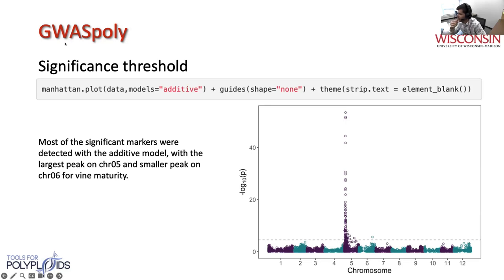If you want to clarify this question, Paula, feel free to open up your mic. So you have a minor allele frequency that you can use to remove markers that are not common and things like that.